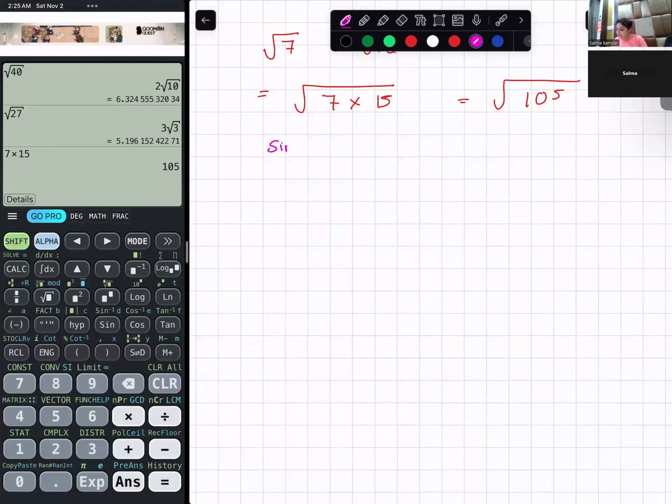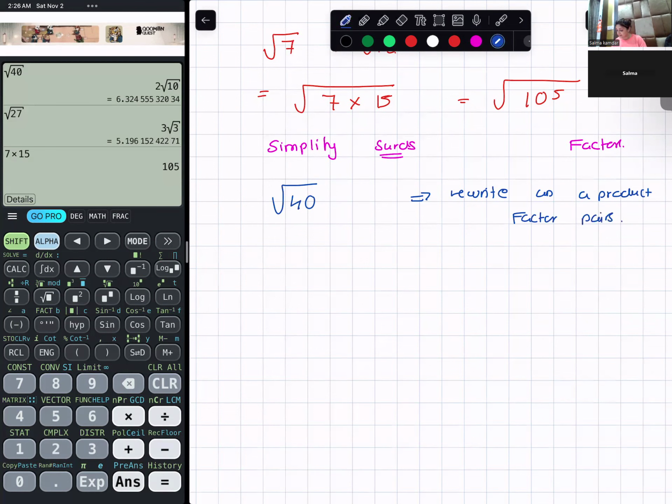So when you want to simplify surds, you need to know the factors of it. Say for example, I have root 40. I can rewrite it as a product of any of its factor pairs. So what are the factor pairs of 40?